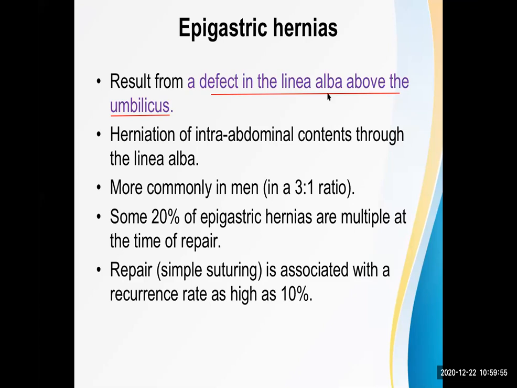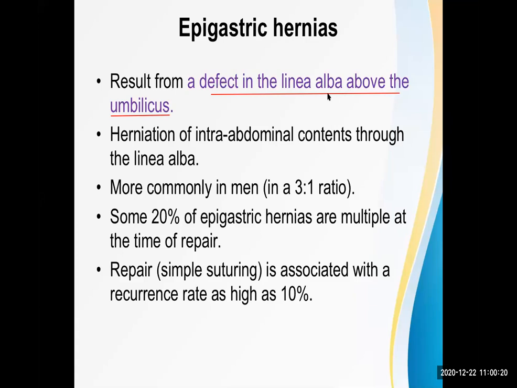In obstetrics also we talked about this. This linea alba may become pigmented, a bit black pigmented in case of pregnancy, isn't it? We have studied that, especially not above the umbilicus. The more common is below the umbilicus, but in some of the ladies, it can get pigmented above the umbilicus also.